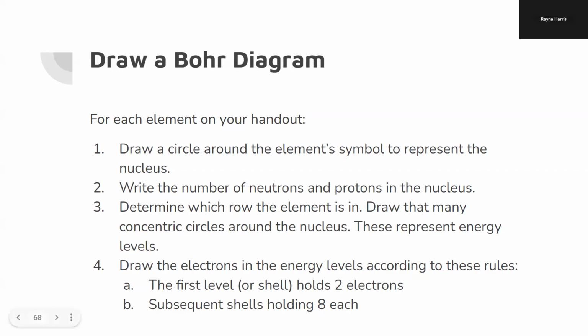So the circles are electrons. These little baby circles are electrons. You fill it in, so it's a dot. No, the protons are the number of electrons.